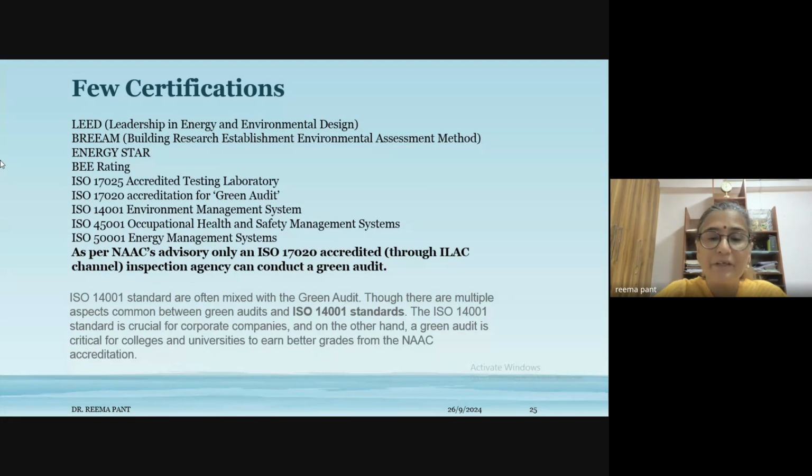These are certain certifications. I have just kept them for your understanding. See, everybody may not need all certifications, but depending on what kind of organization yours is and what you do, that will decide what kind of ISO you will have. There are certain ones, like you spoke about the biomedical waste.